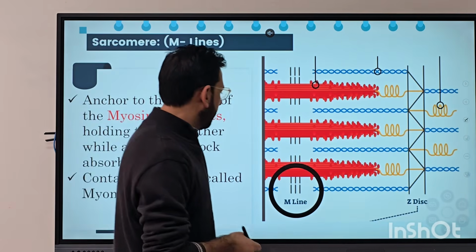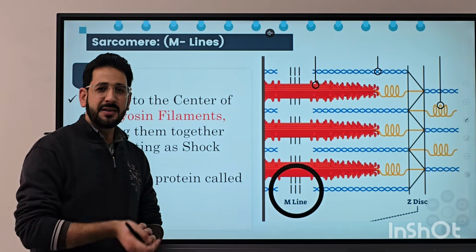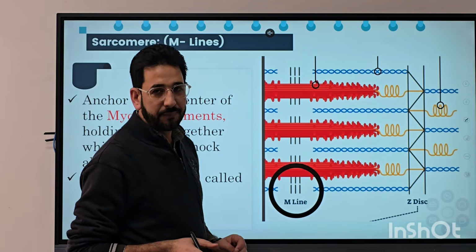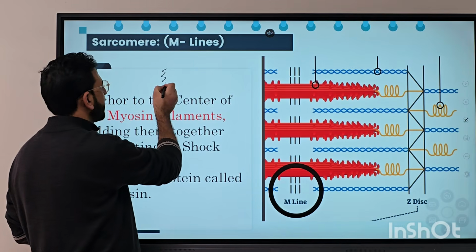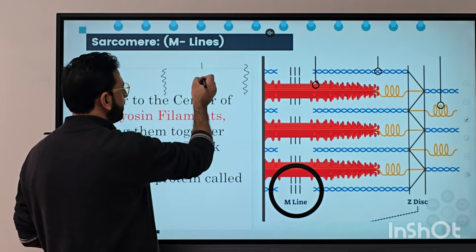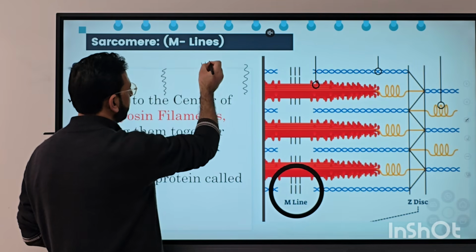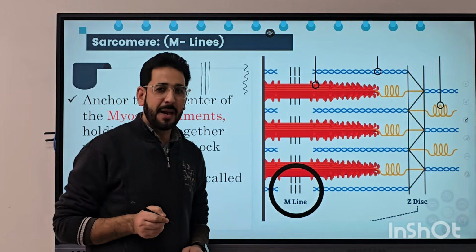Now, here we have, in between two Z lines, in the middle of the sarcomere, for example, this is the sarcomere, and the sarcomere has one Z line here and one Z line here. In the middle, we have a structure. It is a three-line structure there, and we call this the M line.